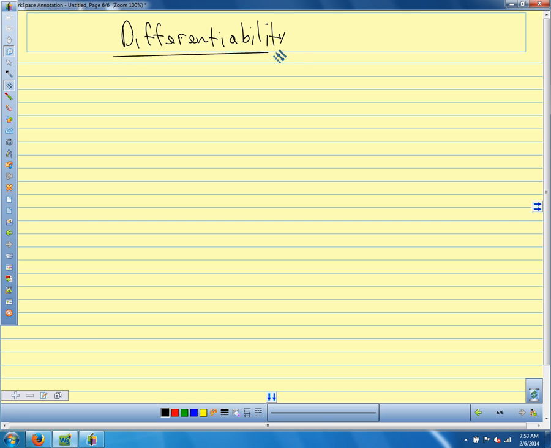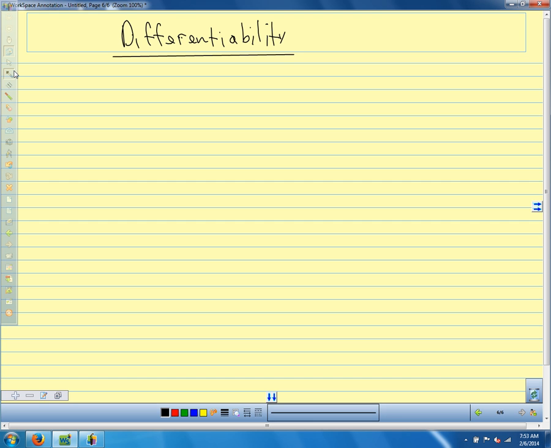For a single variable function, we said that a function is differentiable if the derivative exists at a point. Well, for multivariable functions, it's a little more complicated, because our derivative can exist at a point where a function is not continuous. So we need a little different definition of differentiability.